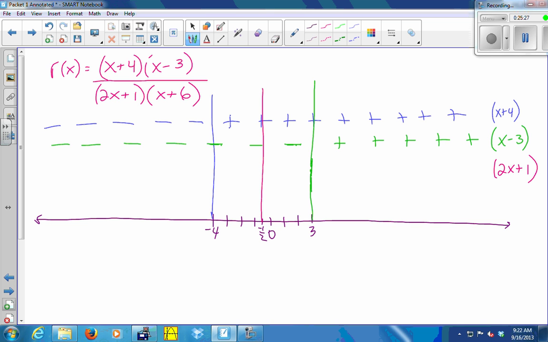You can pick any test point like negative 10, right? Plug negative 10 in there, you get negative 20 plus 1 is negative 19, negative. So anywhere to the left of negative 1/2, we get negatives. And to the right of negative 1/2, I'm going to get positives. You pick any test number just to check: 2 times 0 plus 1 is positive, right?